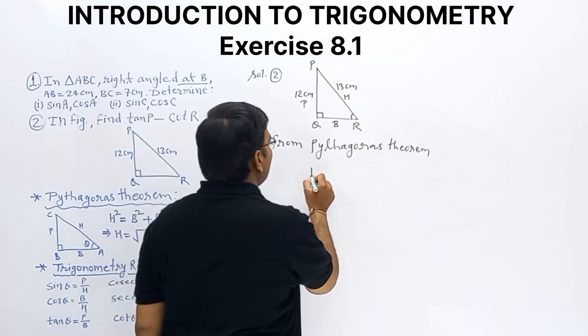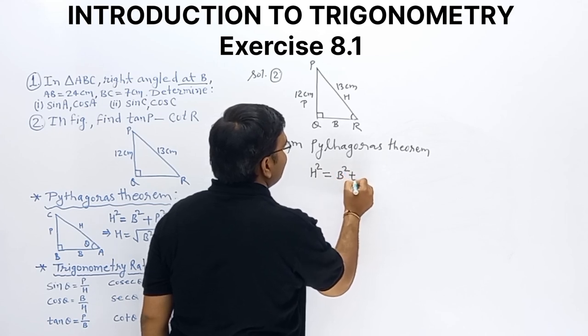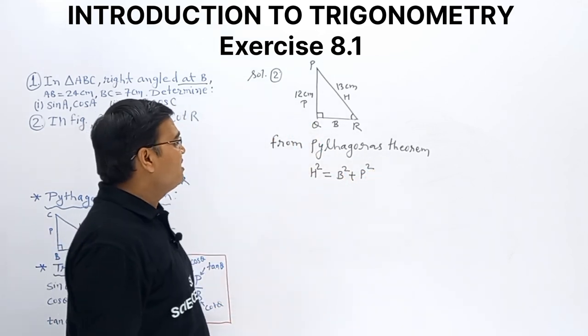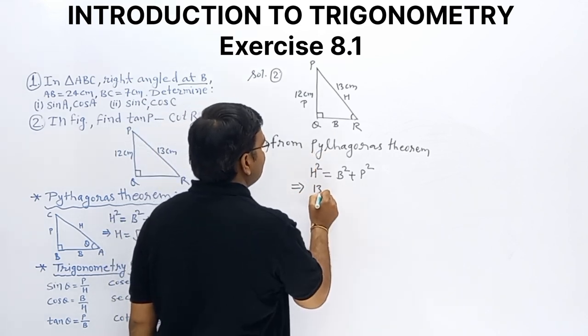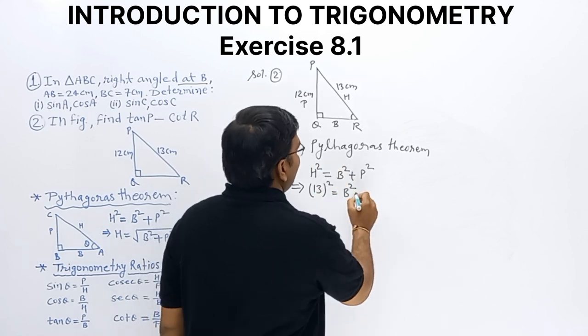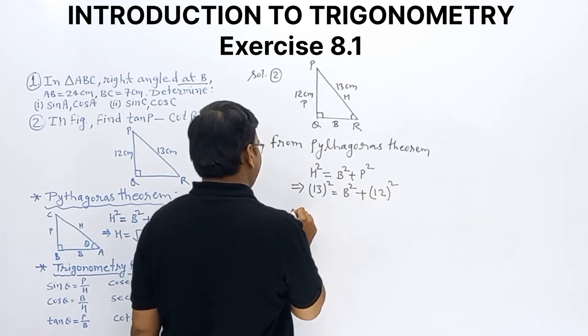So the Pythagoras theorem is: hypotenuse square equals base square plus perpendicular square. Put these values in the theorem. Hypotenuse is 13 square, base we want, and perpendicular is 12 square.